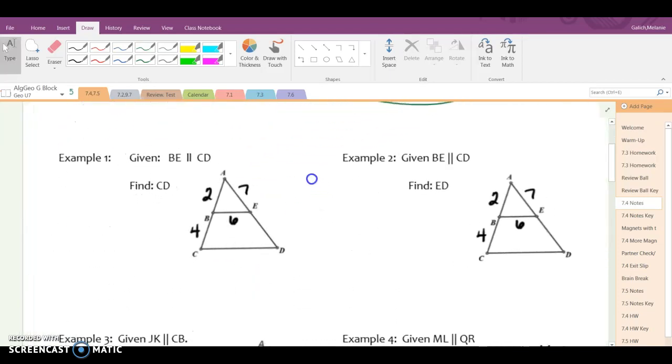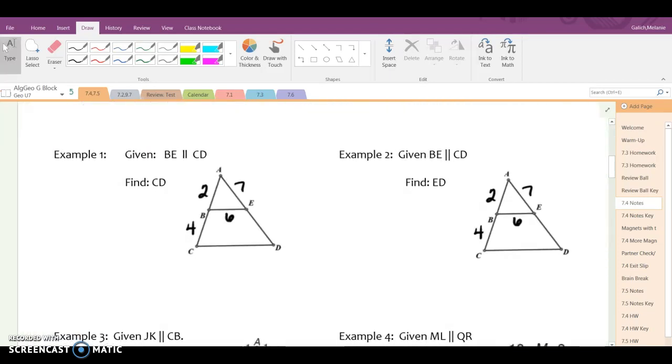So now let's find some missing pieces. This one says find CD. Let's just go with the basics. This whole side here, 2 plus 4, is 6. So let's take the smaller piece, 2 over 6, equals 6 over X, because now I'm trying to find CD, so I'm going to put an X there.